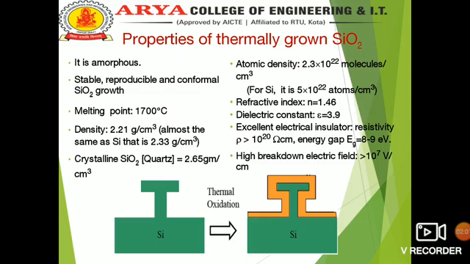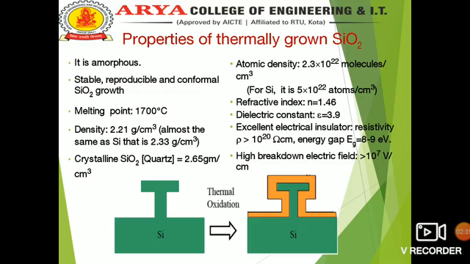Crystalline SiO2 quartz is 2.65 gram per centimeter cube. Atomic density is 2.3 into 10 to the power 22 molecules per centimeter cube, and for Si it is 5 into 10 to the power 22 atoms per centimeter cube. Refractive index n equal to 1.46.